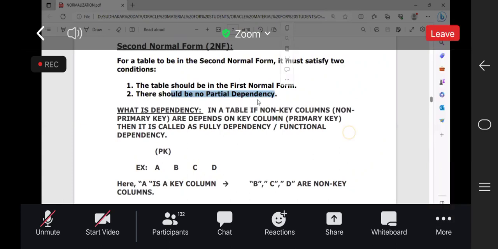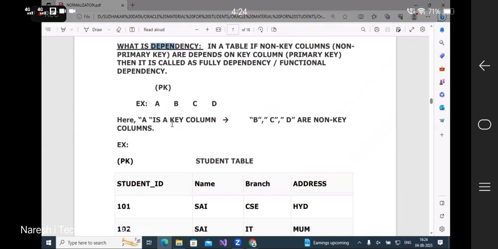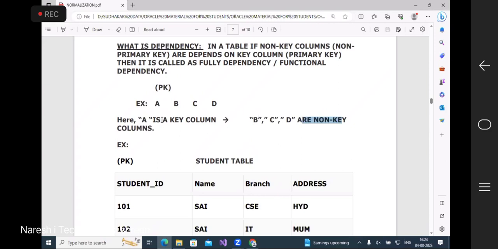There should not be partially dependency columns. And what is dependency? We discuss here. Suppose non-primary key columns are linked with a primary key column, or depend on a primary key column.